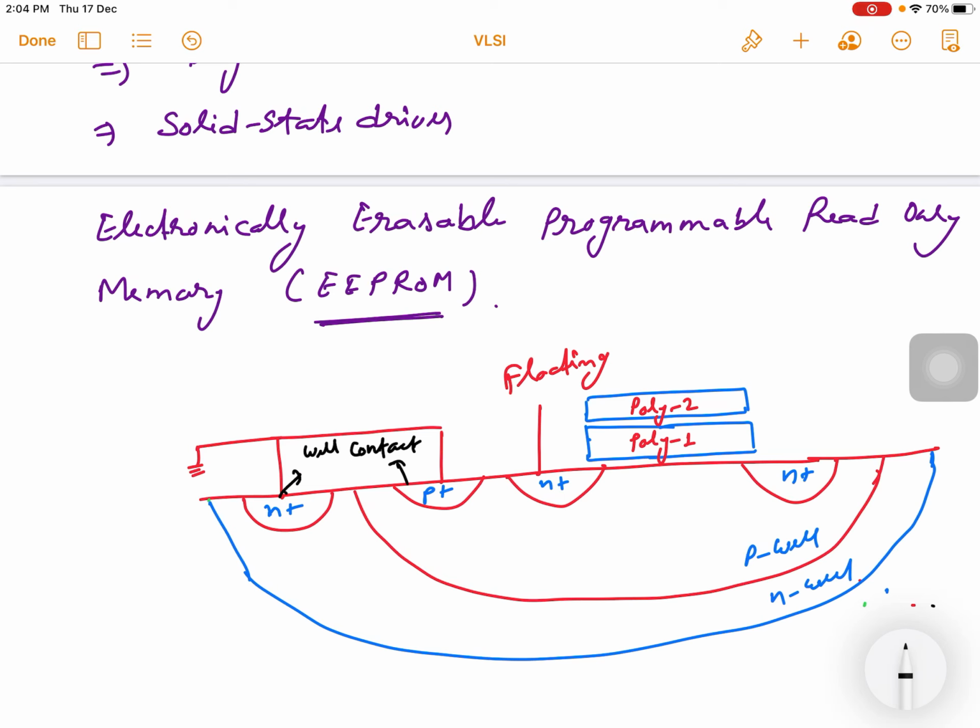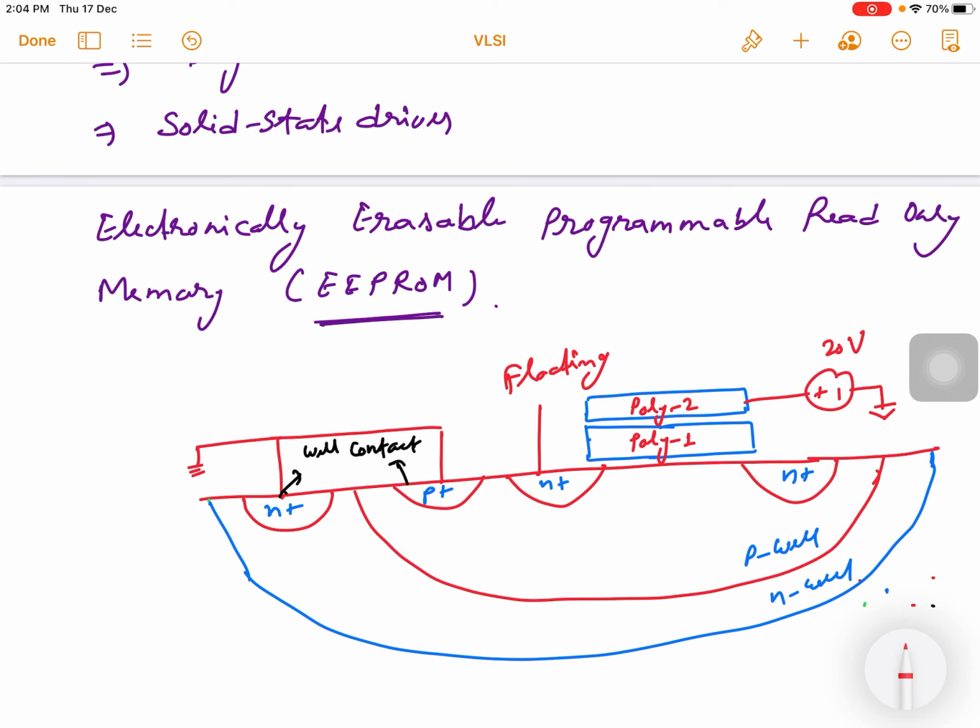Here this is connected with high potential, so that generates an electric field over here.